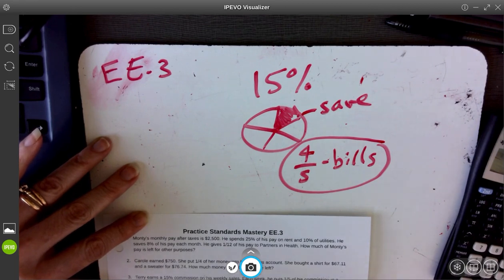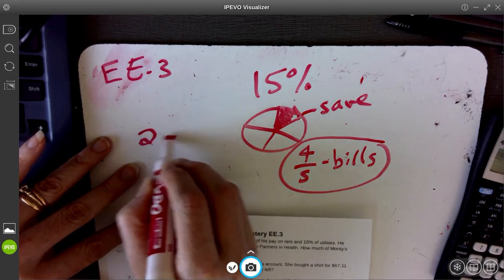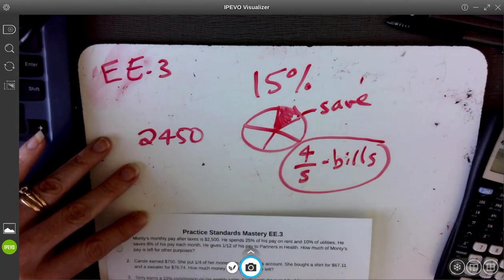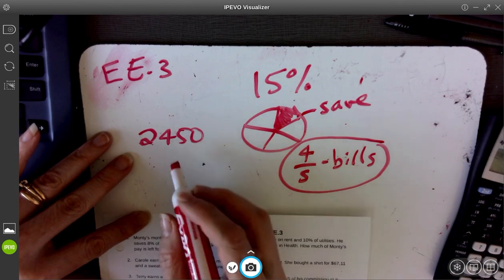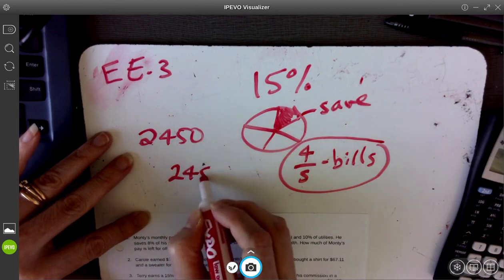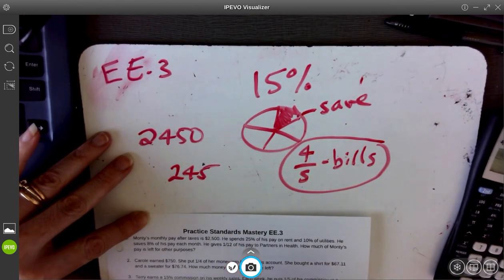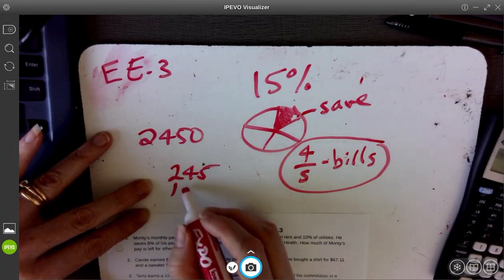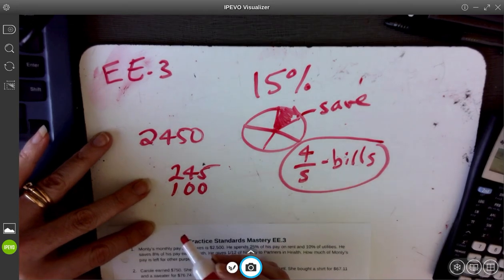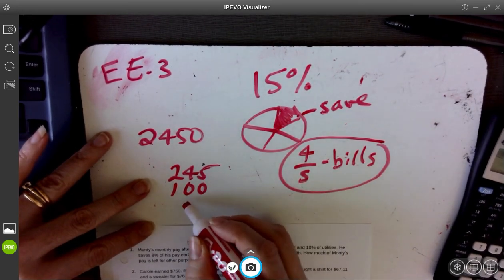So to find commission, we take the number, $2,450, and we find the percentage of it. Now, again, I would use the 10% method here where I just move the decimal over. So 10% would be 245, and then I take half of that. It's a little harder to halve, but 100 is half of 200, and half of 45 is 22.50.